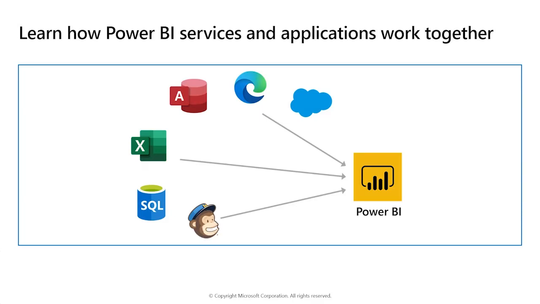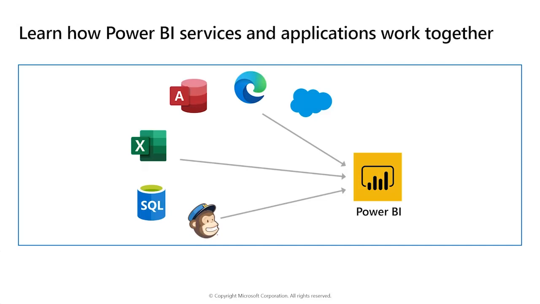Each of these three elements, desktop, service, and mobile apps, are designed to let people create, share, and consume business insights in the way that serves them the best. For example, you might be a user who views reports and dashboards in Power BI service, or you might be the one creating those number crunching business reports through Power BI desktop, and then publishing those reports to either Power BI service or the Power BI mobile app so that other users can view and use them.